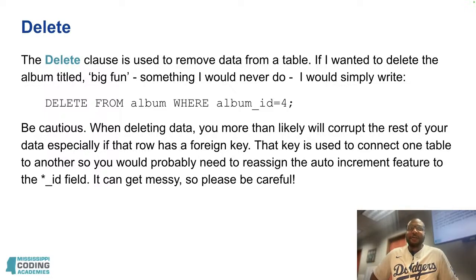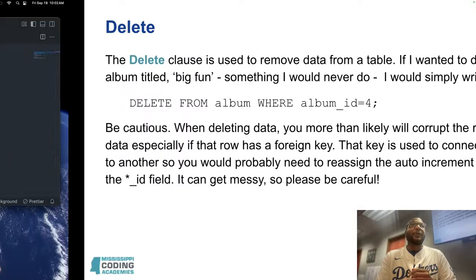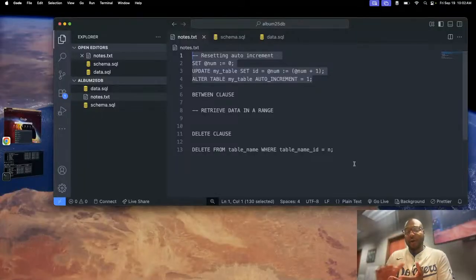Correct. You would delete one of those and make sure you're deleting by that particular ID. Okay. So make sure you do that. And then after you've deleted all the ones that you need to delete, then again you need to make sure that you reset your auto increment.